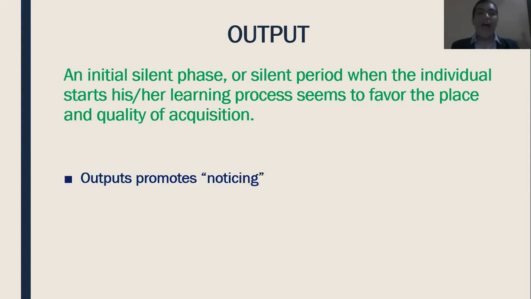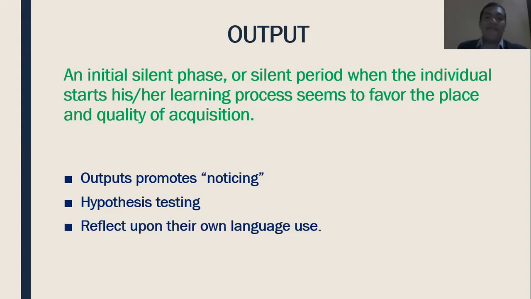Number one, output promotes noticing. And what is noticing? When the student realizes about the language, what they are using and how they are using it. Another aspect is hypothesis testing. And finally, they reflect upon their own language use.